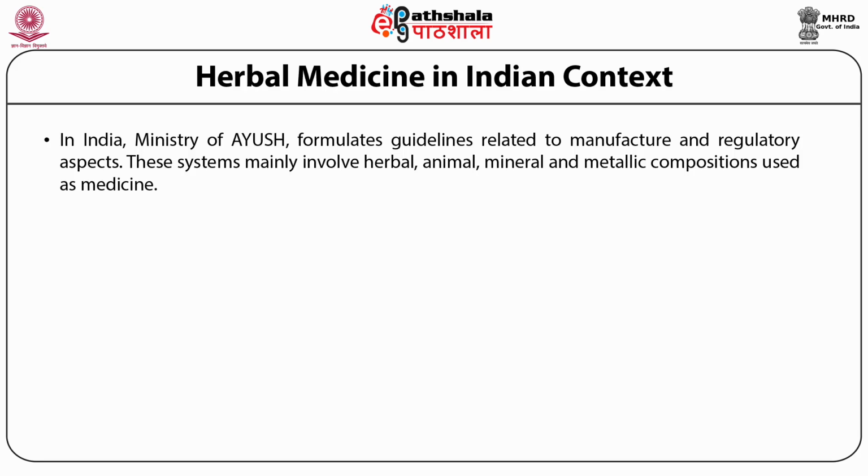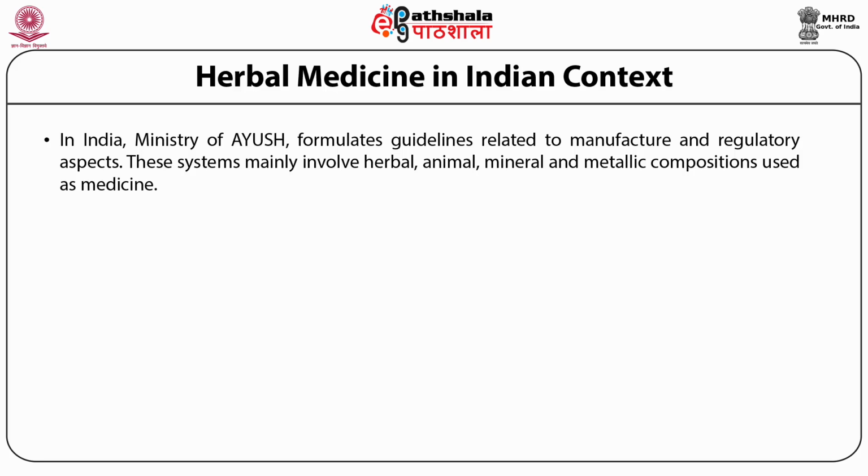The policy decisions related to their regulation as well as manufacture are taken care of by the Ministry of Ayush. It also formulates guidelines for manufacturers. These systems mainly involve herbs, herbal products, a little bit of animal and mineral products along with metallic compositions.